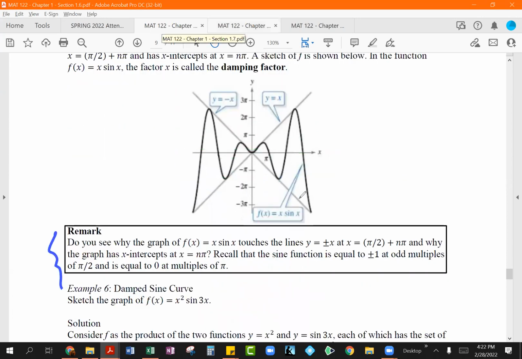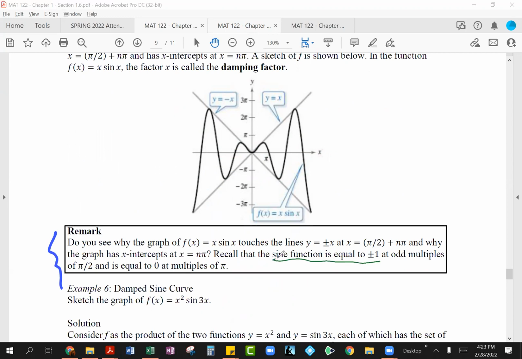This happens because the sine function itself is going to be equal to +1 and -1 at odd multiples of pi halves. And it's going to have the x-intercept or 0 at multiples of pi.